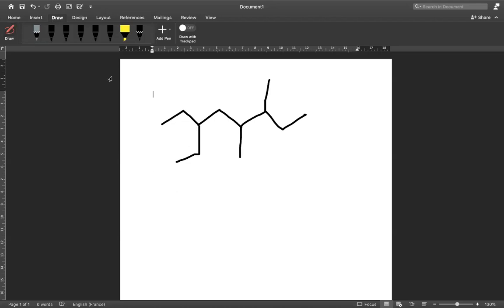We are going to count, so let me use a highlighter. Our chain principal is this one.